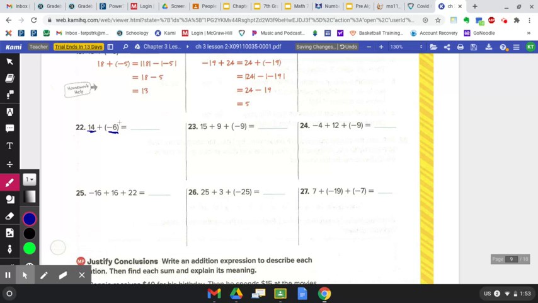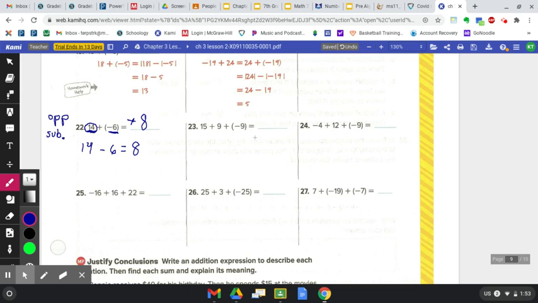Positive 14, negative 6. So opposite, subtract. So I can do 14 minus 6, and it should give me 8. Then I just have to determine, is it going to be positive or negative? The positive value is bigger, so it's going to be a positive 8.